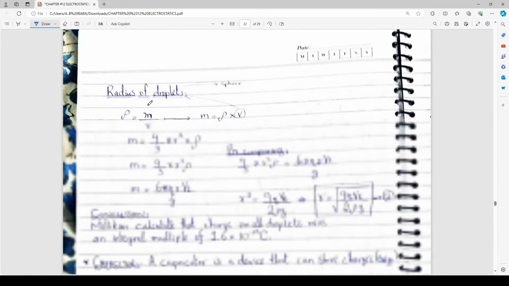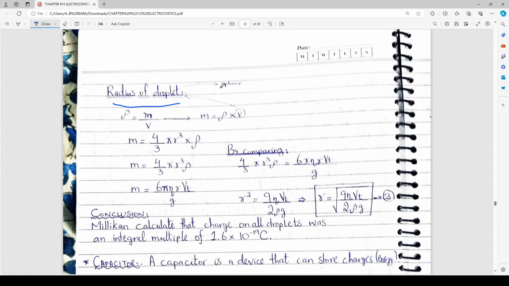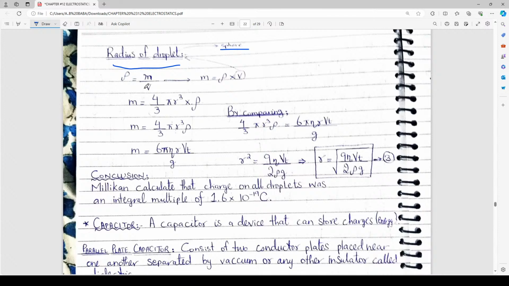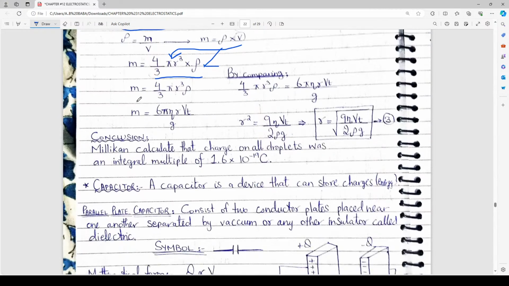Moving further down, for the radius of the droplet, as it is a sphere, rho is equal to m upon v, and m will become rho into v. V is 4 upon 3 pi r cube, as the volume of a sphere. So m is equal to 4 upon 3 pi r cube rho.